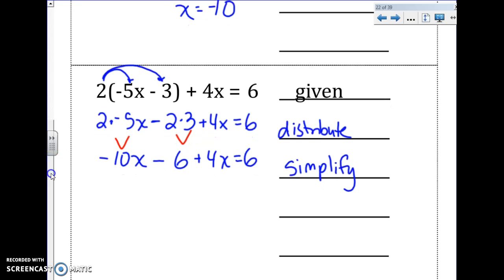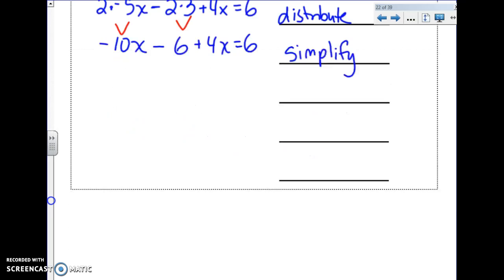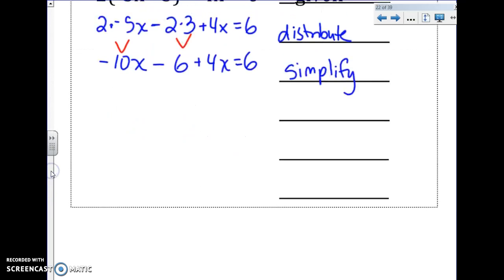Some of you are feeling confident and you want to skip over that step. I would recommend whenever you have negatives to never skip over that step. But you know your skills best. So negative 10 plus 4x, because my 4 is positive, minus 6 equals 6. I'm sorry, not plus 6. That 6 is negative.